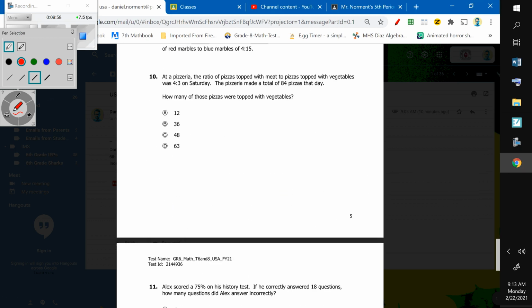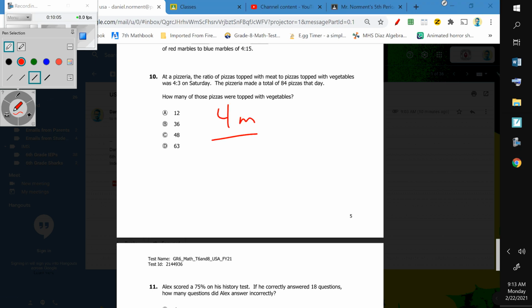For number 10, the ratio of pizzas topped with meat to pizzas topped with vegetables was 4 to 3. So that's 4 with meat and 3 with vegetables, and that's a total of 7. Now, the pizzeria made a total of 84 pizzas that day. How many of those pizzas were topped with vegetables?